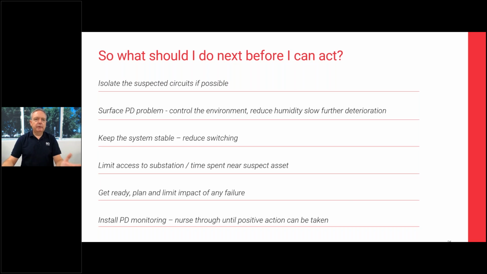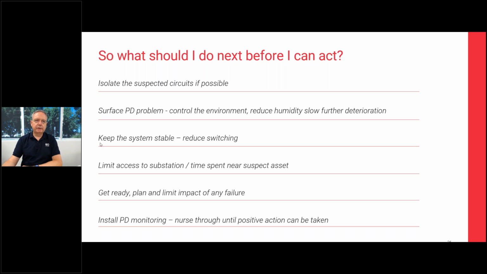So what do you do if you carry out a partial discharge survey, and you're finding indications of partial discharge? Now, if you can isolate the suspected circuits, all well and good. That often depends on the criticality, whether you can work around it, or whether it is more critical to production.